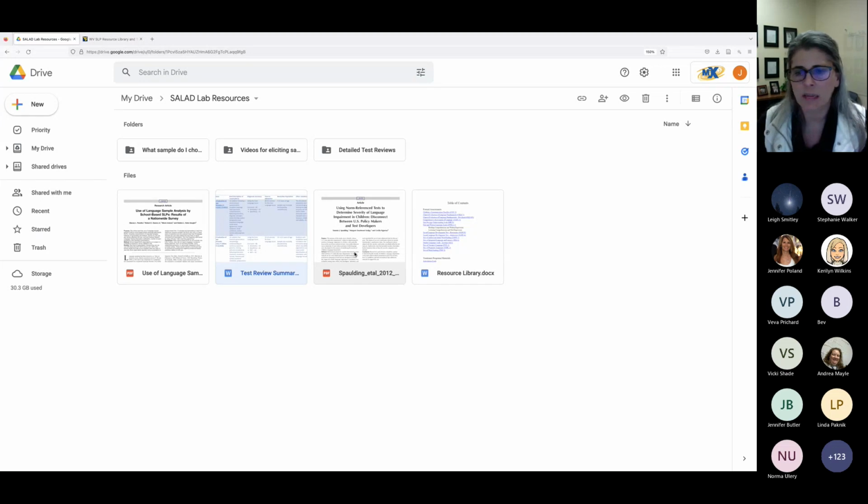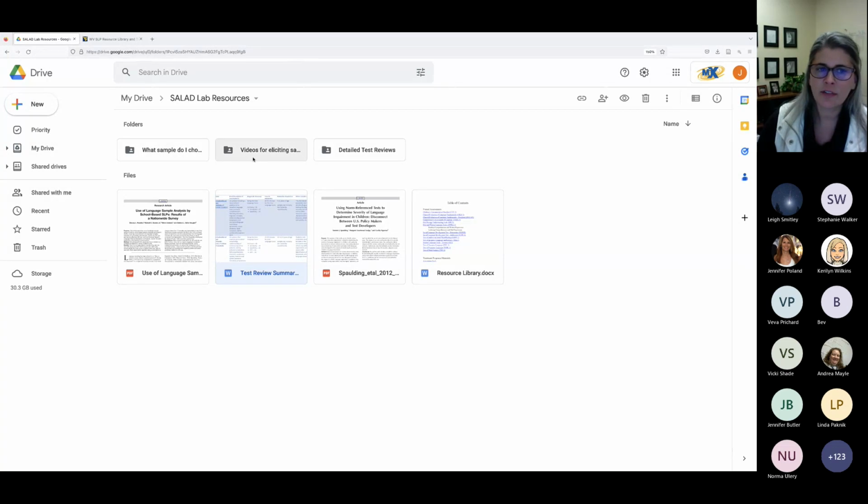And this article explains why we need to avoid those terms. Rather, when we go to interpret student performance, the most appropriate way to do that is to say that they performed similar to those with a disorder or without a disorder. And that is all based on that cut score that we talked about in the test review summary. So I'm not going to talk about that a lot unless you have questions at the end. But I just wanted to show you those resources.